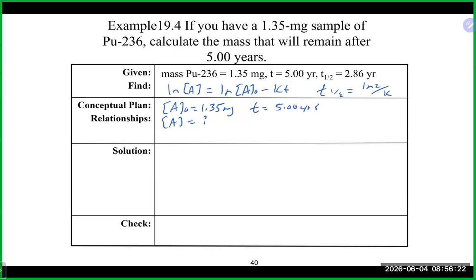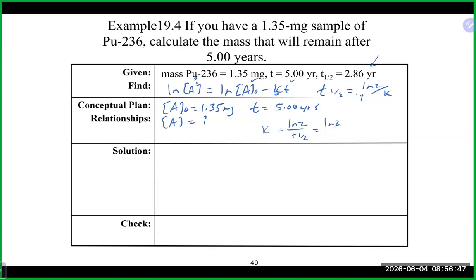Once again, we check off what we have and what we are looking for. As I mentioned before, very common in these types of problems, we are missing the decay constant, but we do have the half-life, so that can be used along with our half-life equation to get the decay constant.